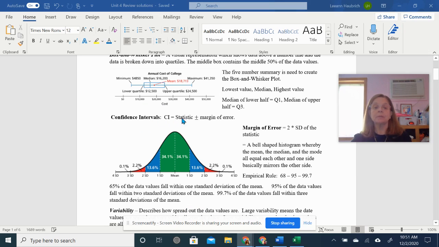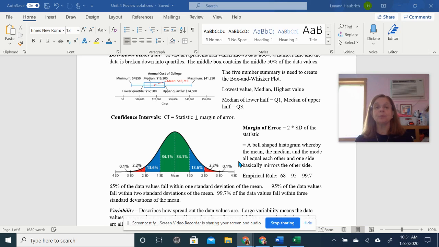We did talk a little bit about confidence intervals after looking at the normal distribution graph. The normal distribution graph will be a bell shape. So basically it's a histogram.